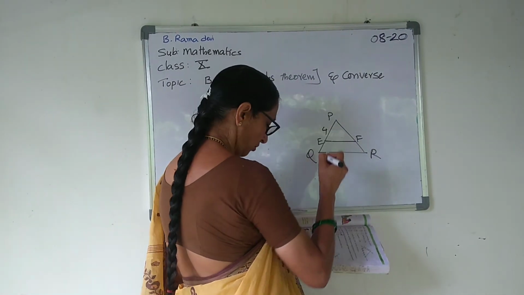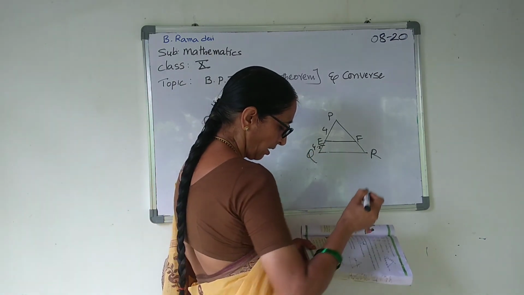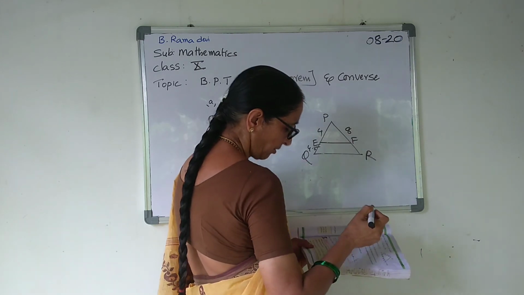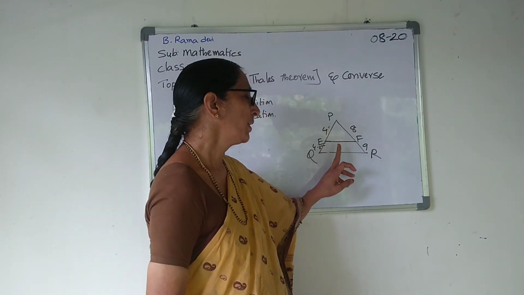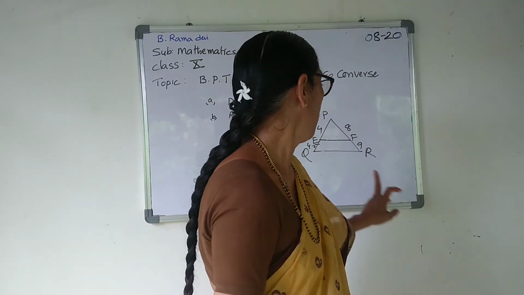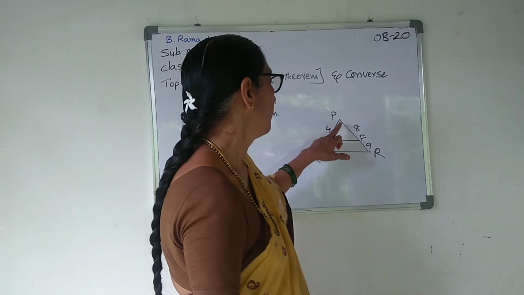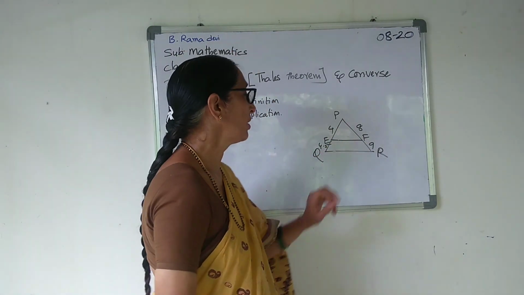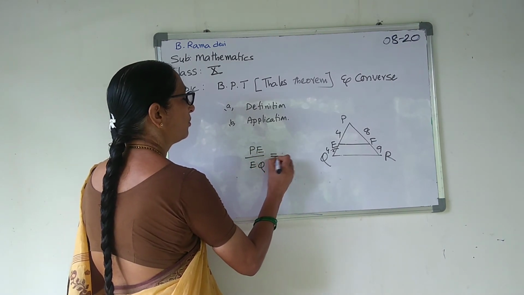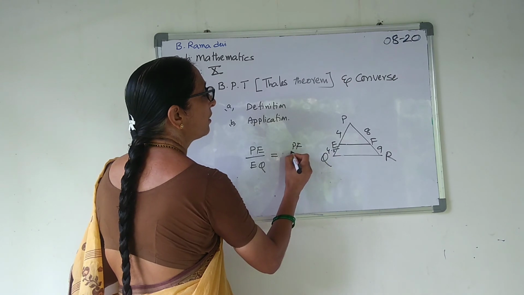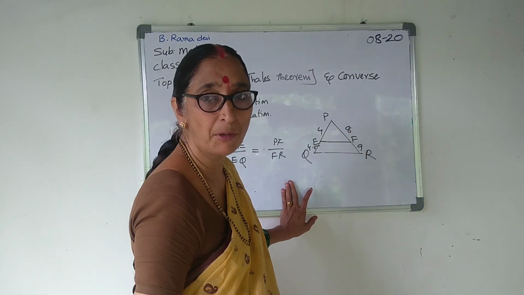PE is equal to 4, QE is equal to 4.5, PF is equal to 8, RF is equal to 9. We can say EF is parallel to QR only if the ratios are same. What ratios? PE by EQ is equal to PF by FR. We have to check whether the ratios are same or not.